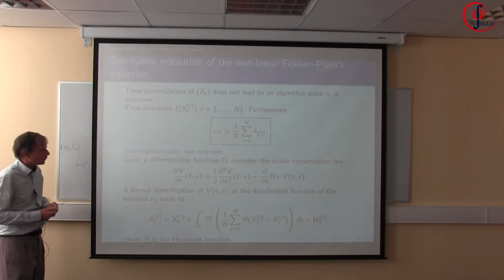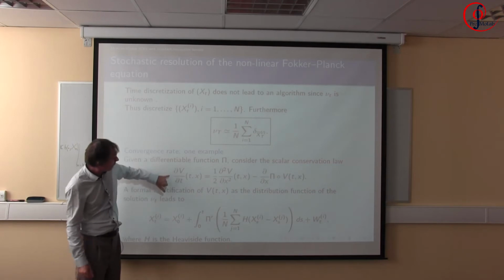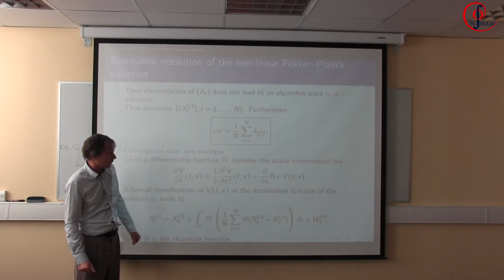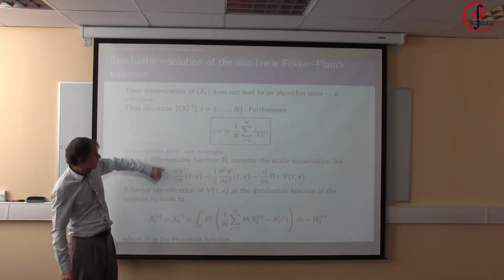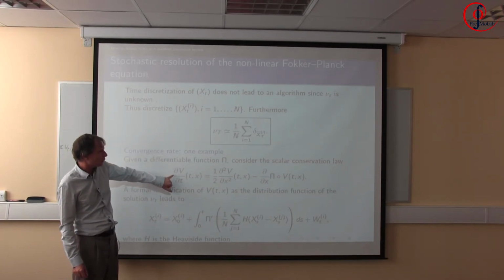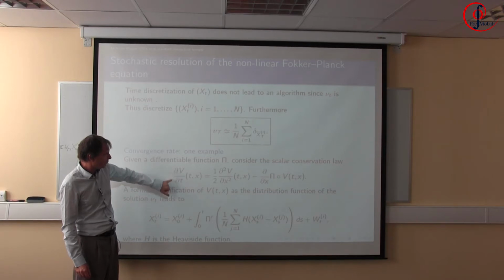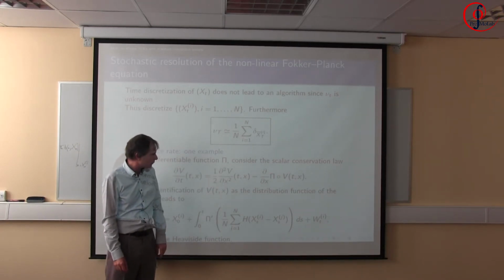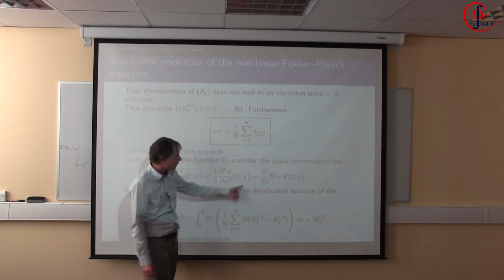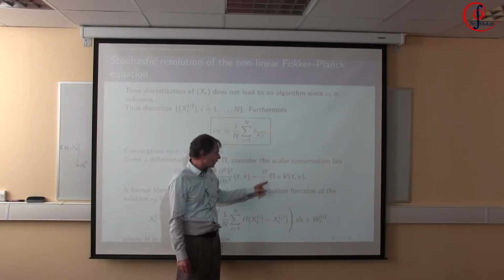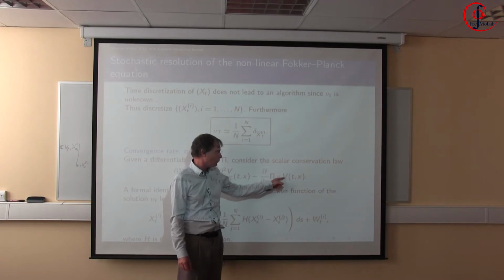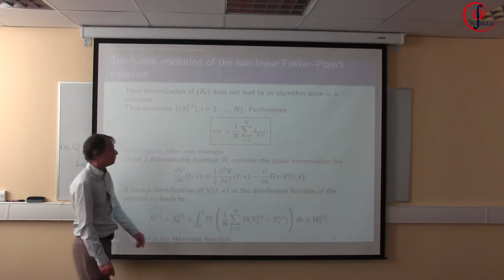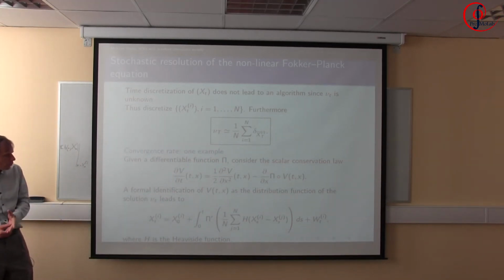Now let's look at an example where the situation is much less classical. Look at this scalar conservation law: dV over dt equal to 1/2 the second derivative in space of capital V minus derivative in space of pi of capital V, where pi is, let's say, a C1 function.